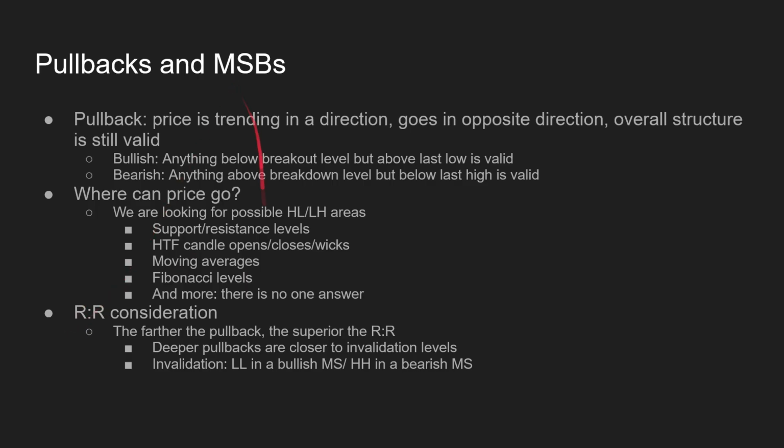Let's say in a bullish one, price comes back down. If price is coming really low to that lower low and you enter the trade, it's much easier to set a stop loss at that lower low that you want to avoid and take a small hit, right? Because it's so close.